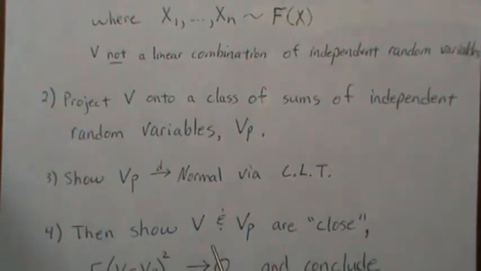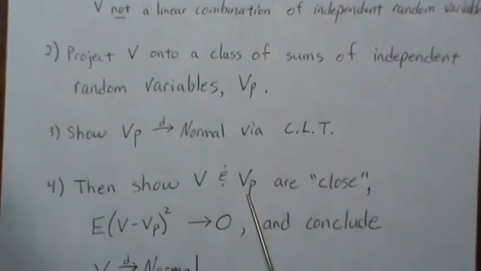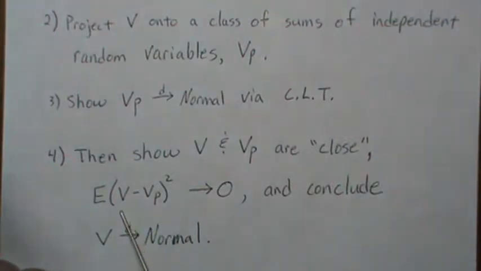Then we show that our original variable is so close to our projection, meaning the expected squared difference goes to 0, that we can conclude that V and VP have the same normal distribution.